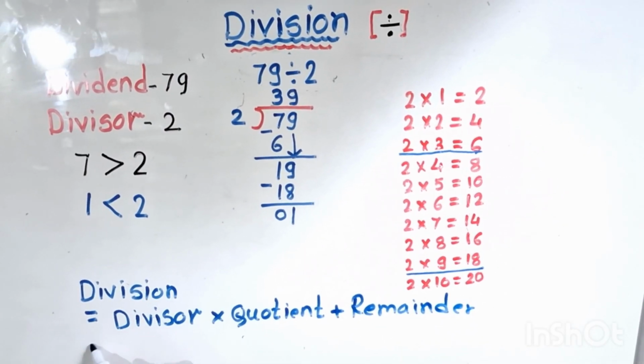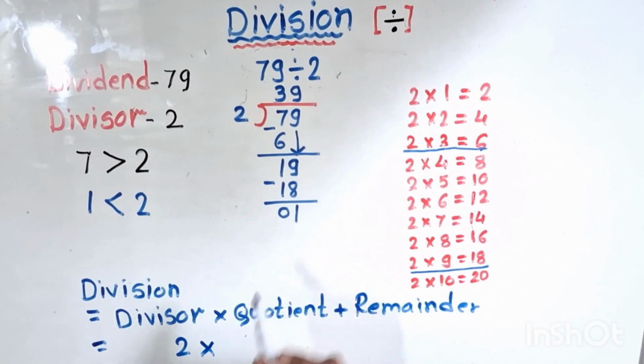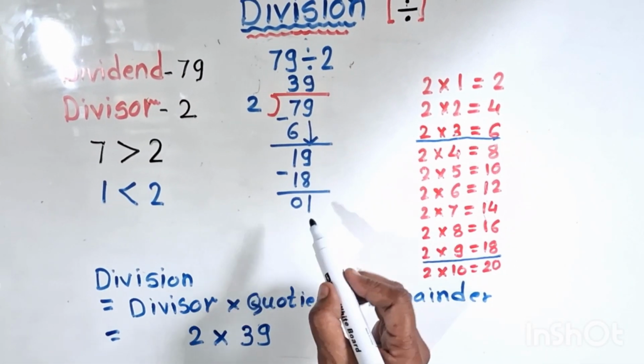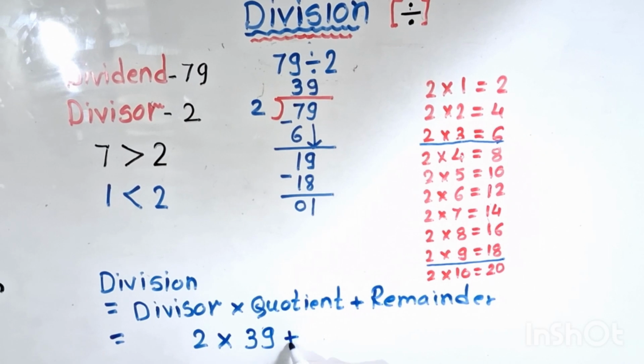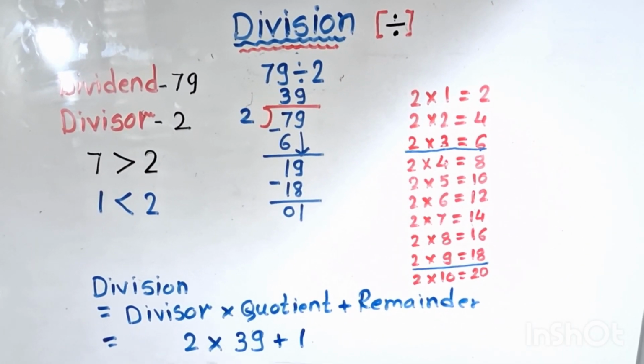Then what is our divisor? Our divisor is 2. What is our quotient? Our quotient is 39. And what is our remainder? Remainder is 1.